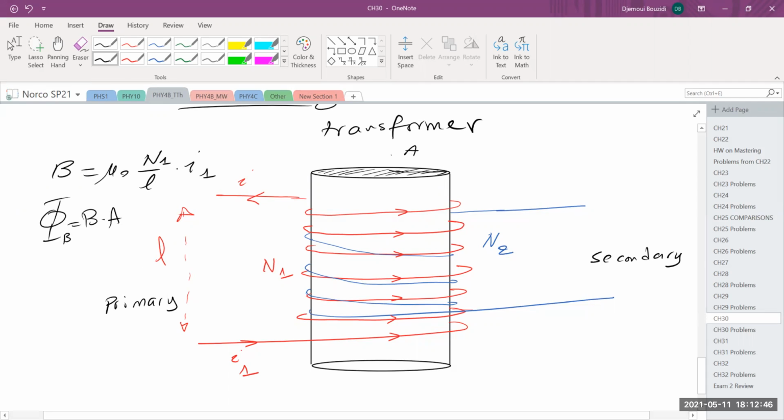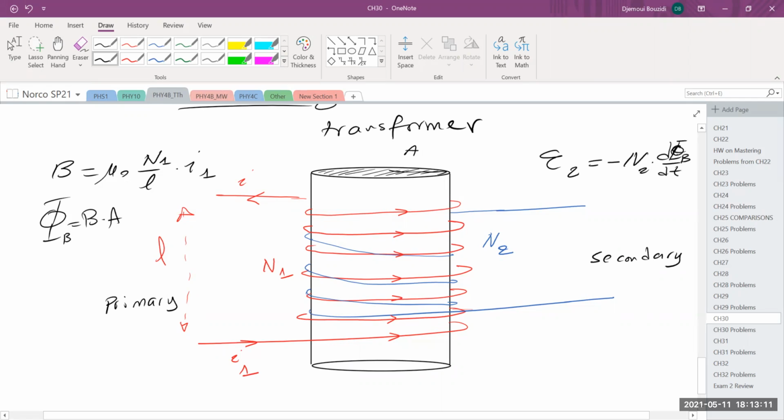If that flux changes with time, then there will be an EMF in the secondary, which is equal to just minus, there is a flux in here per turn, but I have N2 turns. So there will be an N2 times this flux per turn.